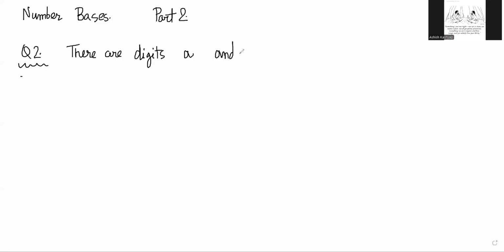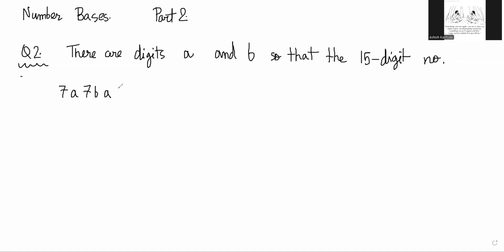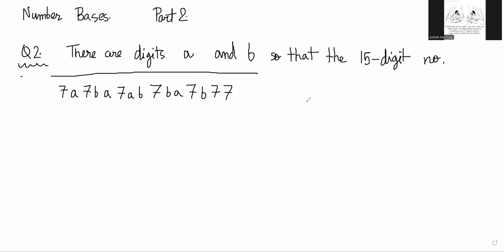Digits A and B, so that the 15-digit number, the number is 7AB, 7BA, 7AB, 7BA, 7B77. This 15-digit number is divisible by 99.